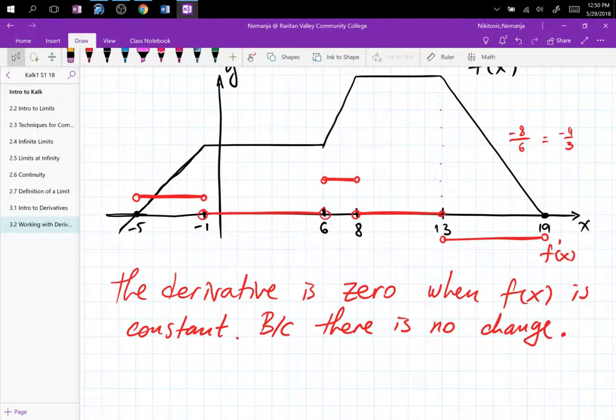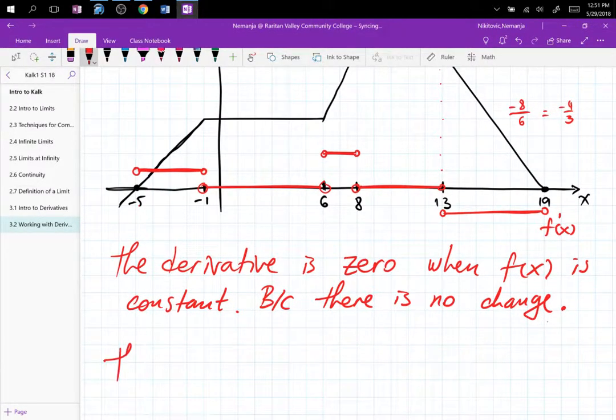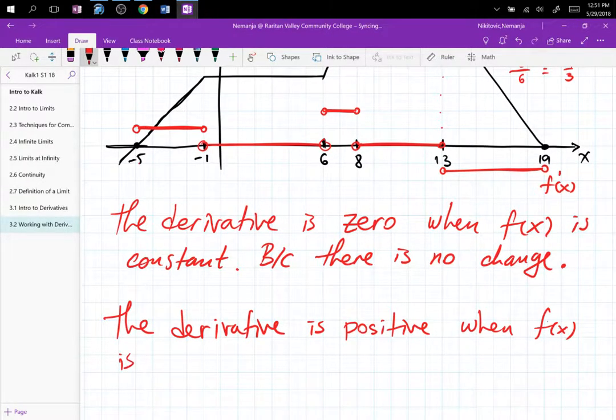So now what we learned from this graph is that the derivative is 0 when f of x is constant, because there is no change. Now, we have 2 more. The derivative is positive when f of x is increasing.